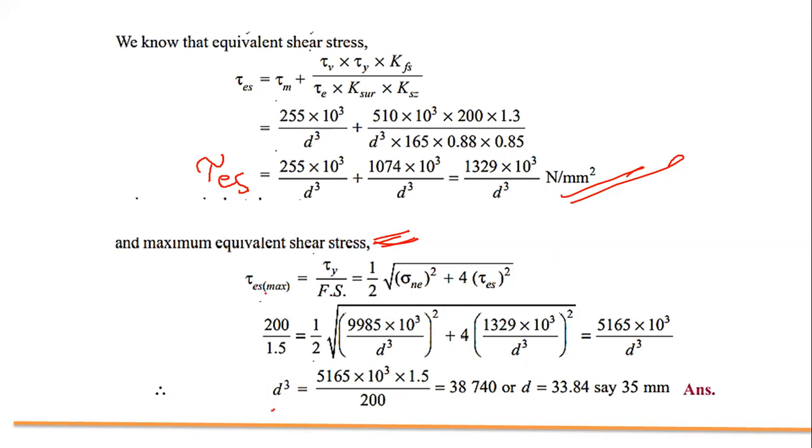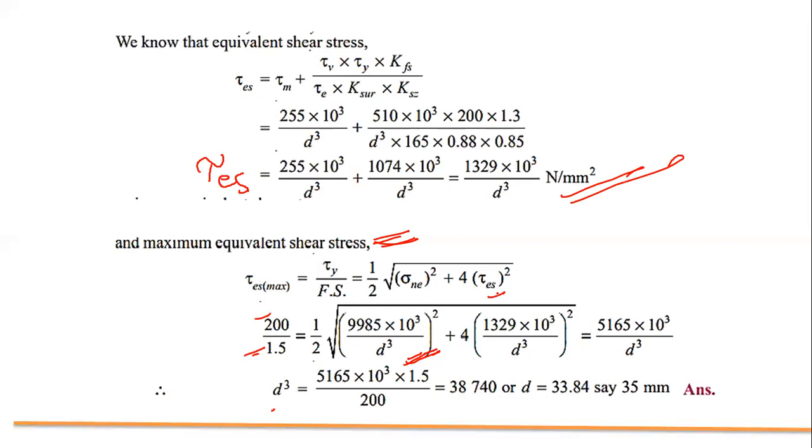Maximum equivalent shear stress, tau y by fs equal to tau es. Tau y value already we found, 200. Fs is 1.5, given in the question, equal to 1/2 square root of sigma ne, the equivalent normal stress for bending. Already we found that value.